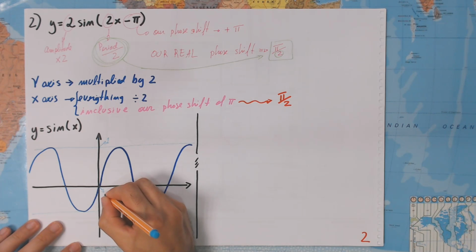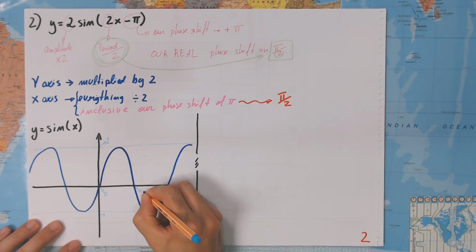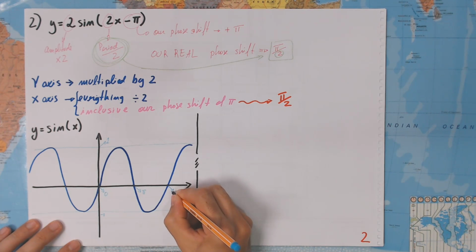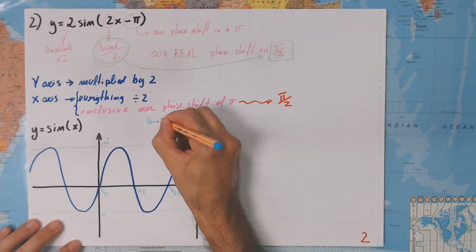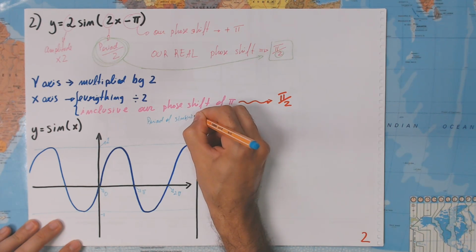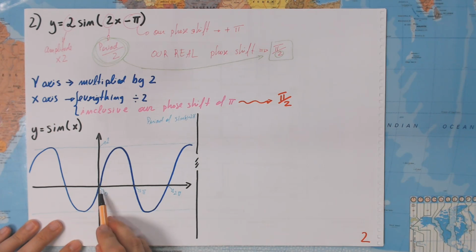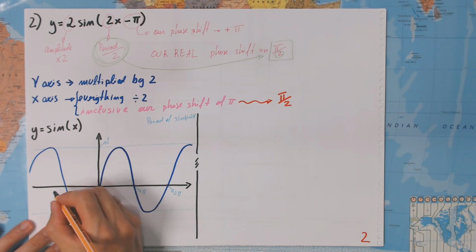That point is going to be 0. That point is going to be pi, and this is going to be 2 pi. Why? Because the period of sine of x is 2 pi. Okay? 0, this is next to 0, therefore the 2 pi. And this is going to be negative pi.